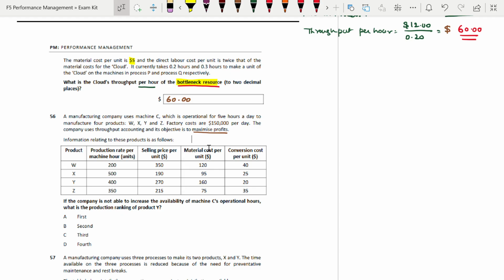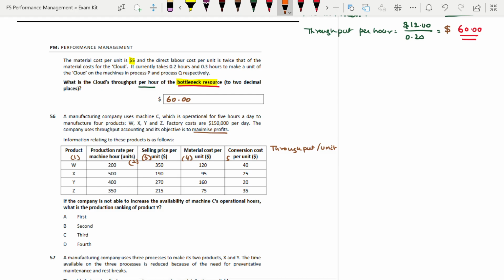What is the throughput per unit? This is column 1, column 2, column 3, column 4, column 5.